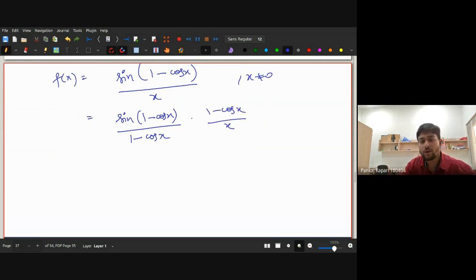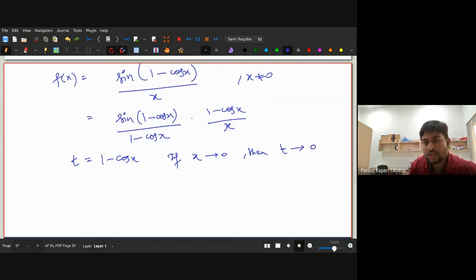Now note that we have already found this limit when x approaches 0, in one of the previous problems. And for this particular part, we will make a change of variable. We'll put t equal to 1 minus cos x. And we notice that if x approaches 0, then t approaches 0 also, because cos of 0 is 1.